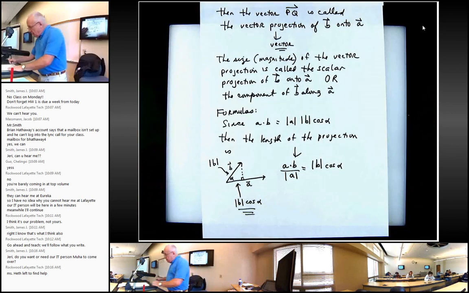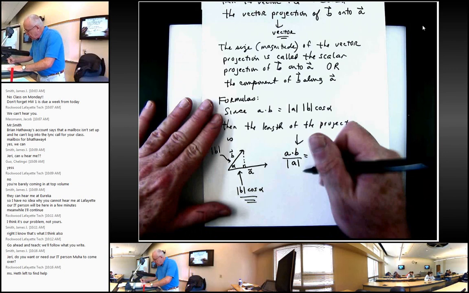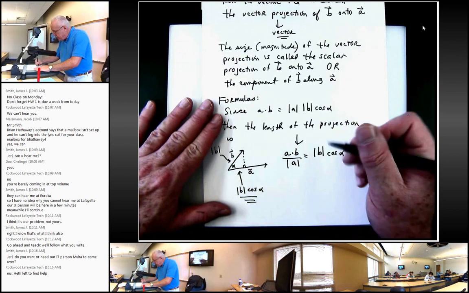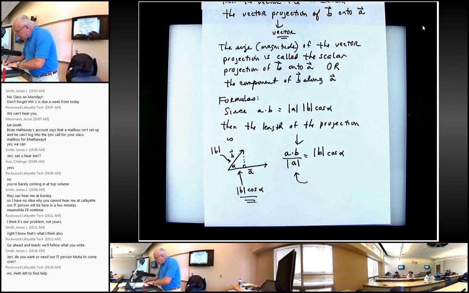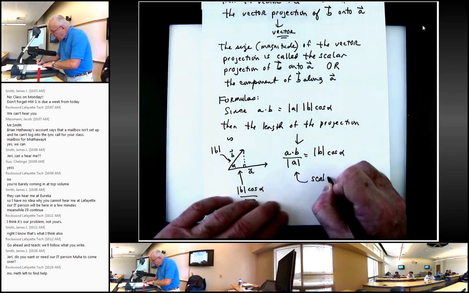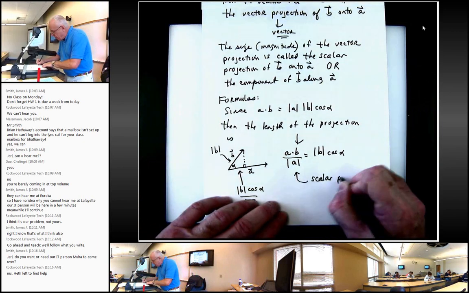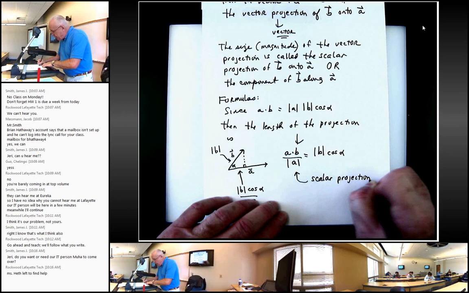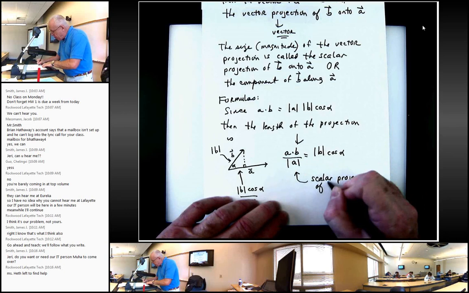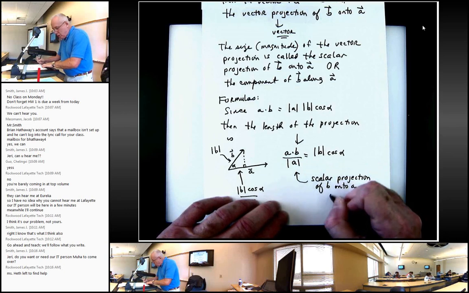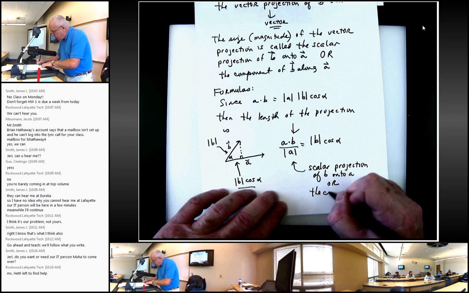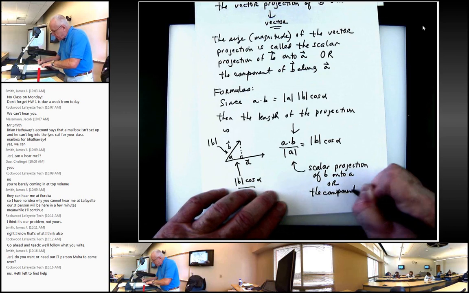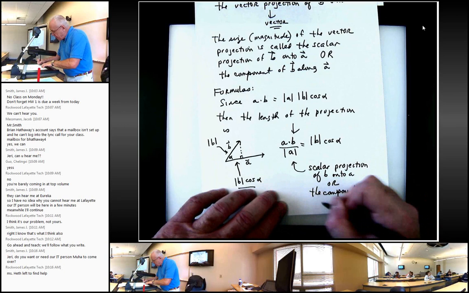And so this right here is the formula for the scalar projection of B onto A, or we could call it the component of B along A.